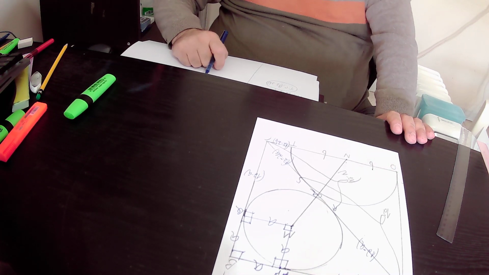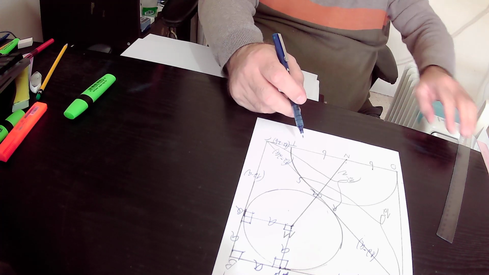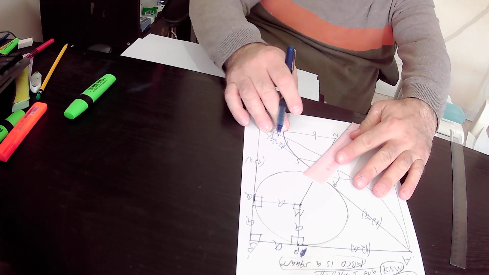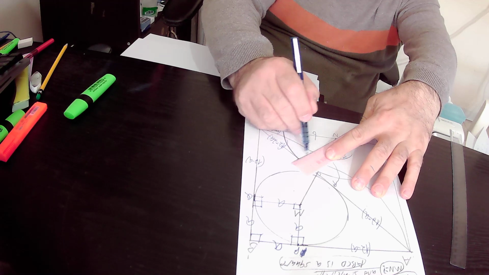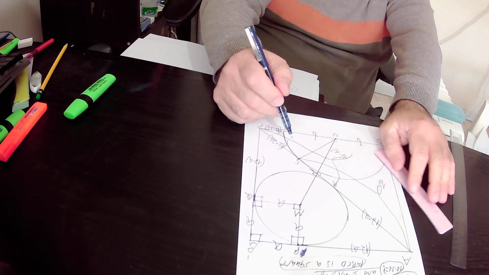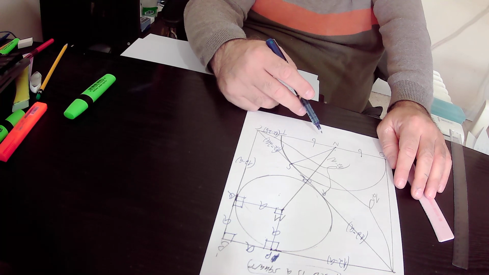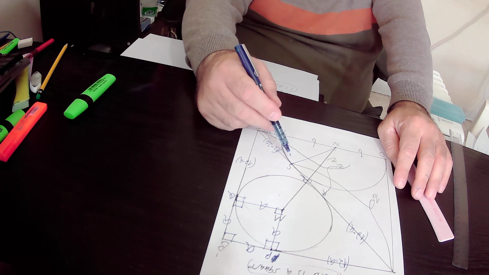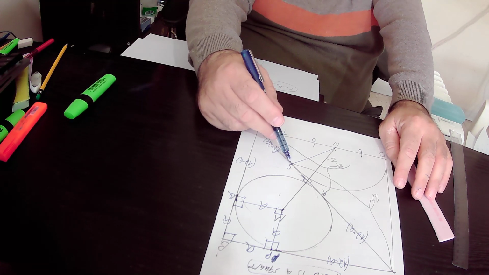In the next step, we will join points N and S together by a straight line. NS is the radius of the semicircle. Why? Because it starts from the center of the semicircle, that is to say from point N, and ends at point S, that is a point on this semicircle itself.